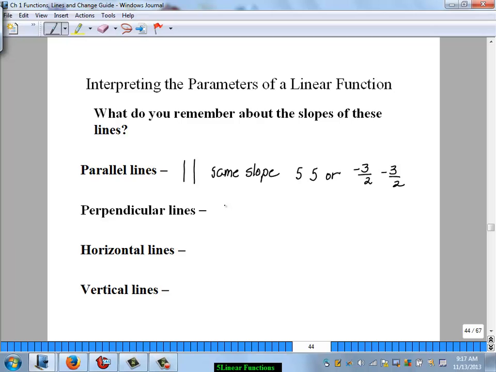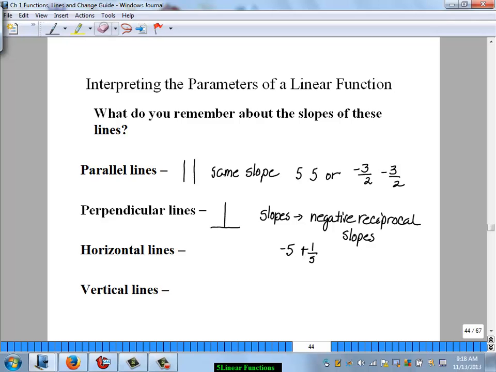Okay? Perpendicular lines, the math symbol we use for this is perpendicular lines. They form a 90-degree angle. The slopes are negative reciprocal slopes. So an example with that would be -5 and +1/5.